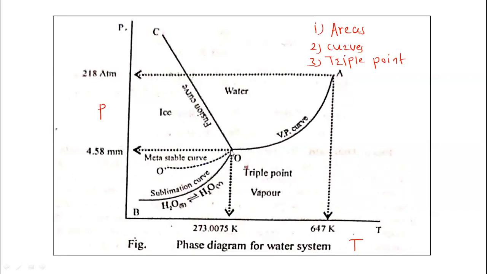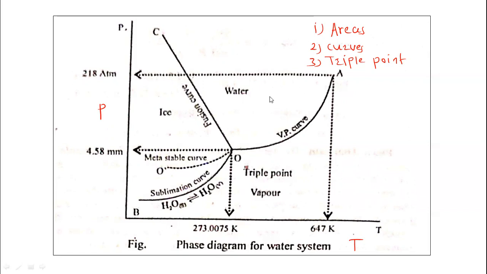We know that in the phase diagram there are three parts. First, areas, each representing a phase. Curves, on the curves also a number of phases are existing, we want to see that. At the triple point also a number of phases are there. So triple point O, only one triple point is here.